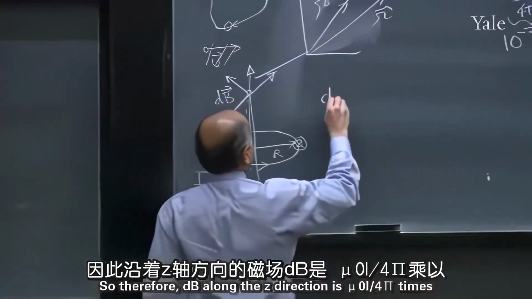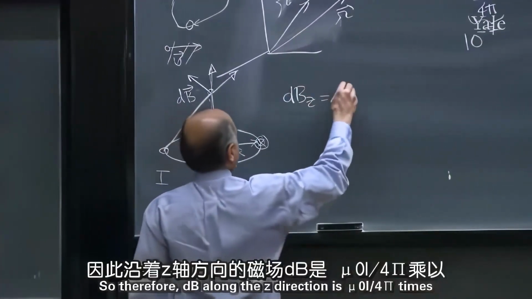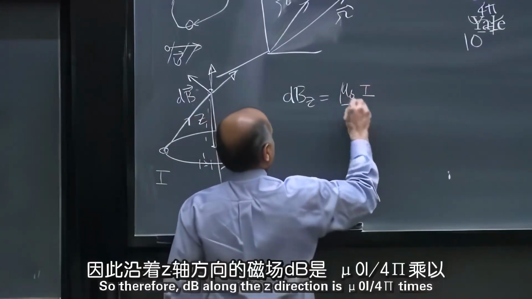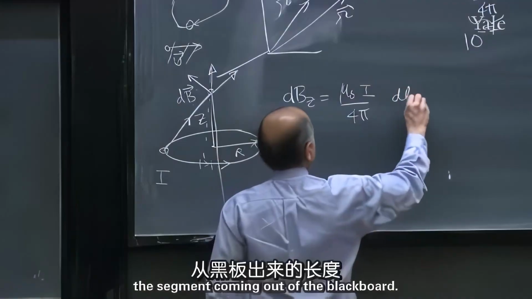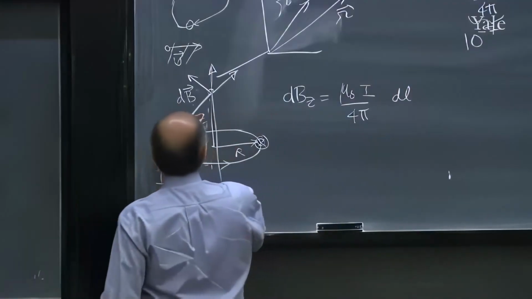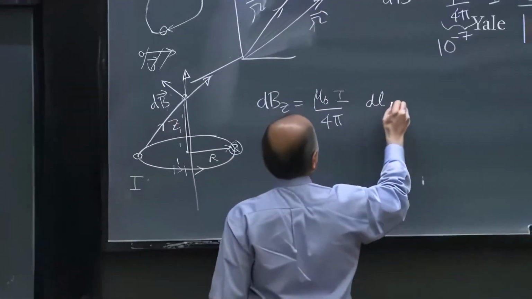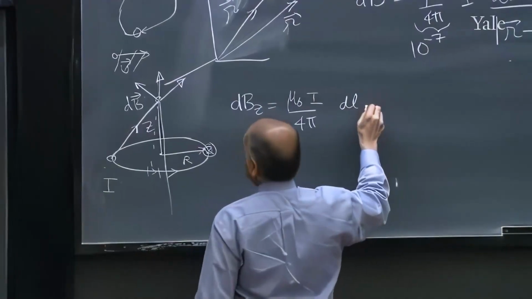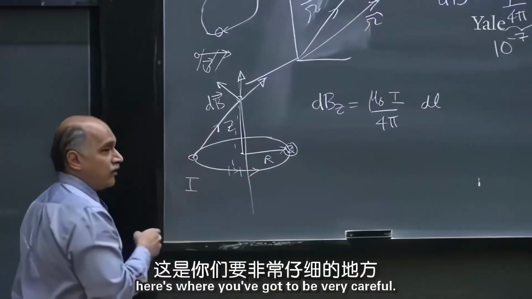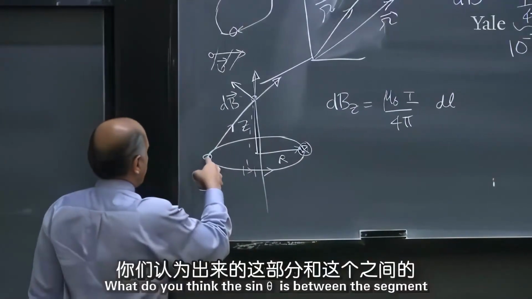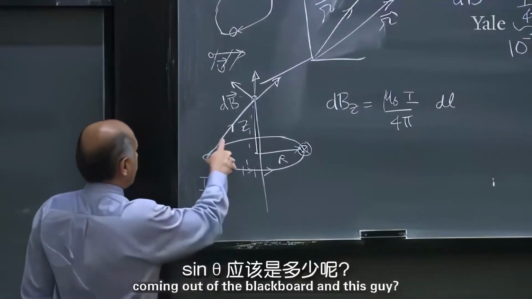Therefore, dB along the z direction is mu 0 I over 4 pi times the segment coming out of the blackboard. What about the sine theta? Sine theta, here's where you've got to be very careful. What do you think the sine theta is between the segment coming out of the blackboard and this guy?